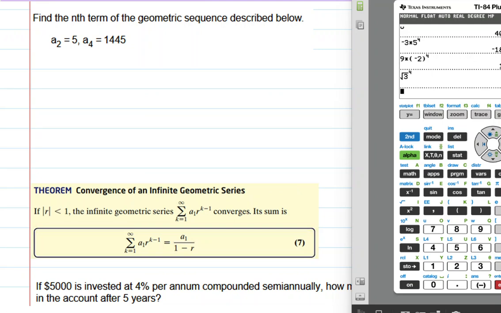Because it starts with a sub 2. So already we know it's n minus 2, right? Because that's our starting point rather than the 1. Okay, so our first step is to know the rule that a sub n is equal to a sub 1 times r squared, because we're talking about the second one.